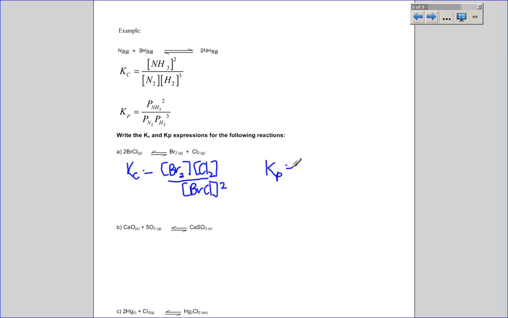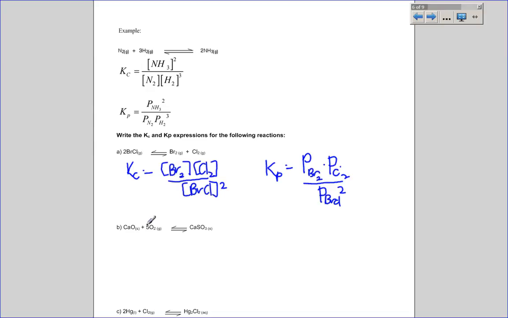Similarly, the Kp expression is going to be the partial pressure of Br2 times the partial pressure of Cl2 divided by the partial pressure of BrCl squared.